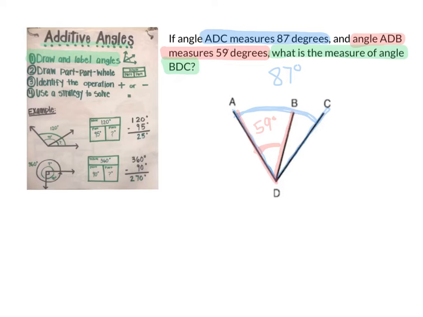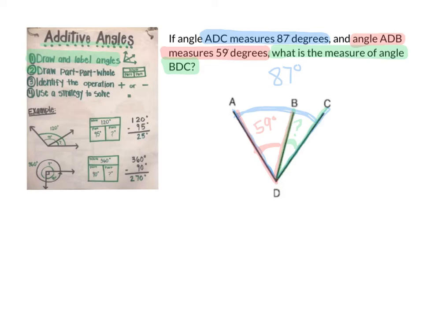So we trace starting at B, D, C. So now we're looking at this smaller angle here. And we're asked to solve for this angle. We don't know it yet, so I'm just going to put a question mark. So now we have our picture labeled with everything we know from our question. Moving on to step 2.